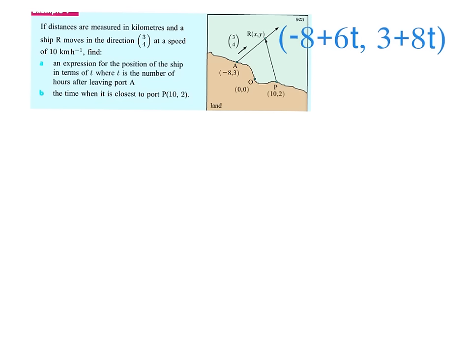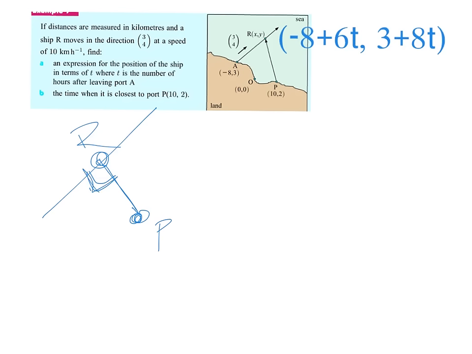Now they're asking us to find when our ship is closest to port P. Well, the shortest distance from some point on the line to some point P would be when that segment RP is perpendicular. So when we've got our line, if this is point P over here, we want to know what point do I use for R such that I get a right angle right in here.